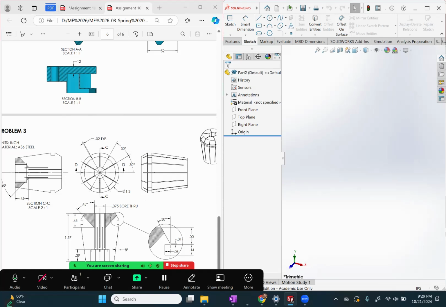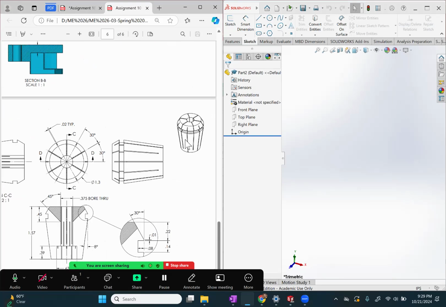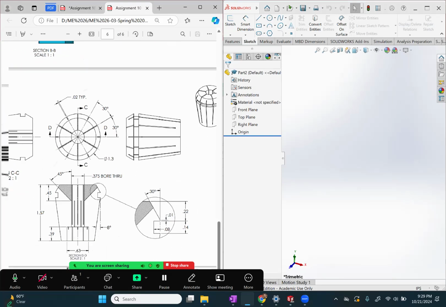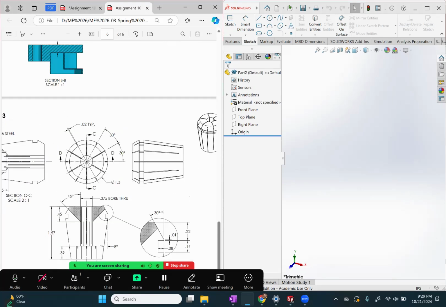Now, by looking at this part, I can see we're given a few cross sections, and combining that with the fact that our part is round in nature, I believe we can use the revolve feature to create this part.